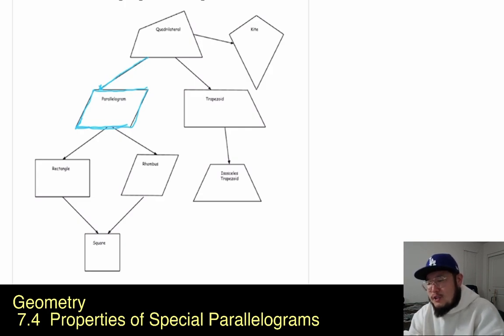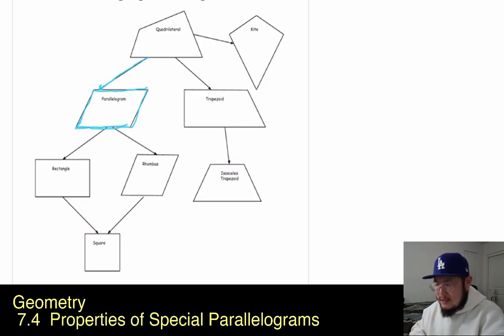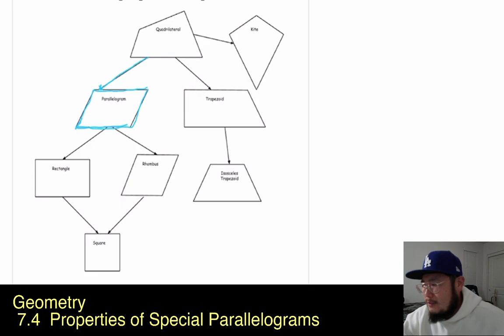Now, in this flow chart, what we're actually going to begin to look at today are the other characteristics underneath the parallelogram. For example, we have a rectangle. We have a rhombus.